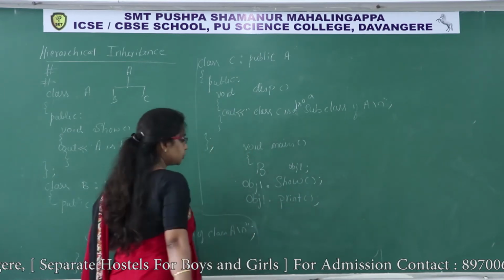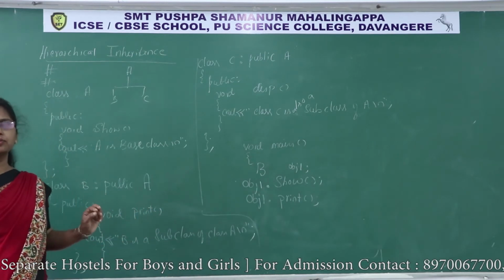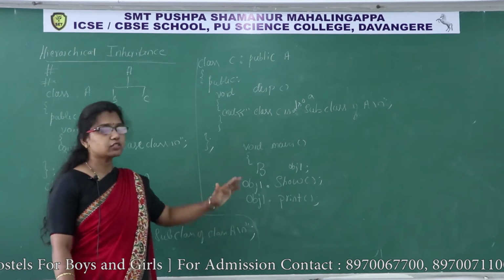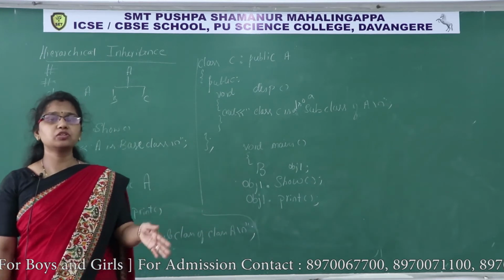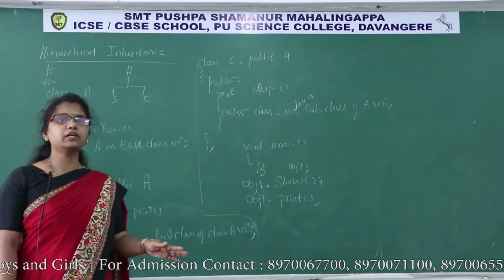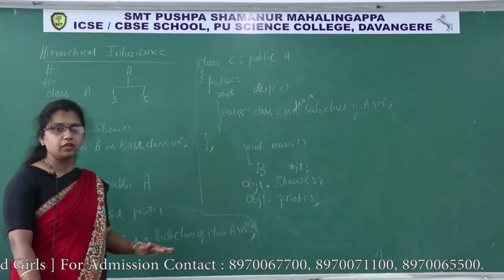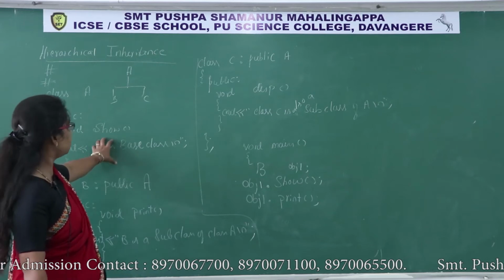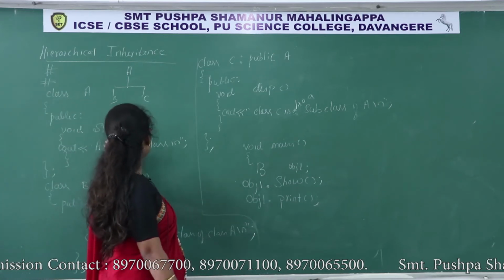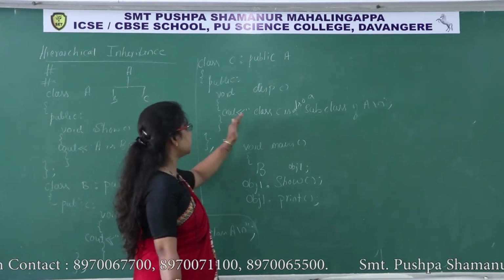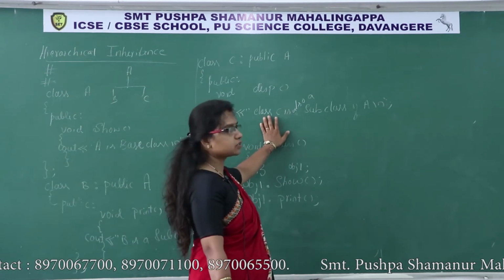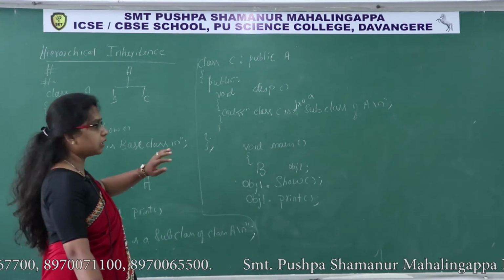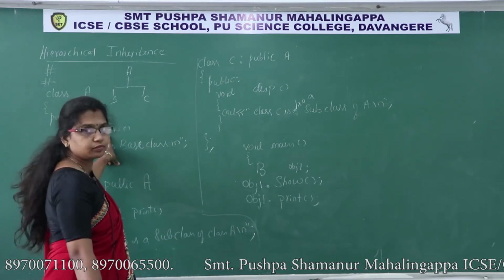See, one thing you should understand here: it is not mandatory to call functions in this order only. Whichever statement you want to execute, whichever pattern you want, according to that you have to call the function. If you want to display first the show function, that is the statement A is a base class and class C is also a subclass of A, then you have to create an object for class C, then call the show function.